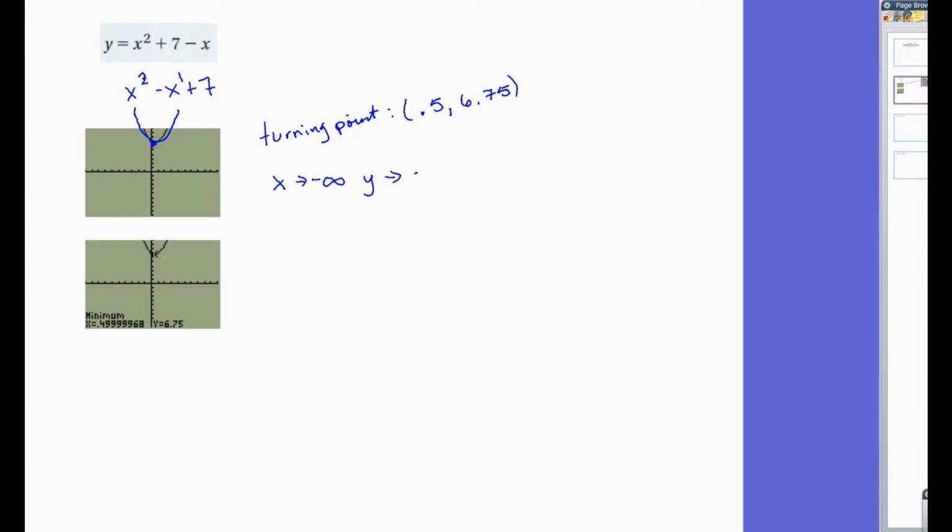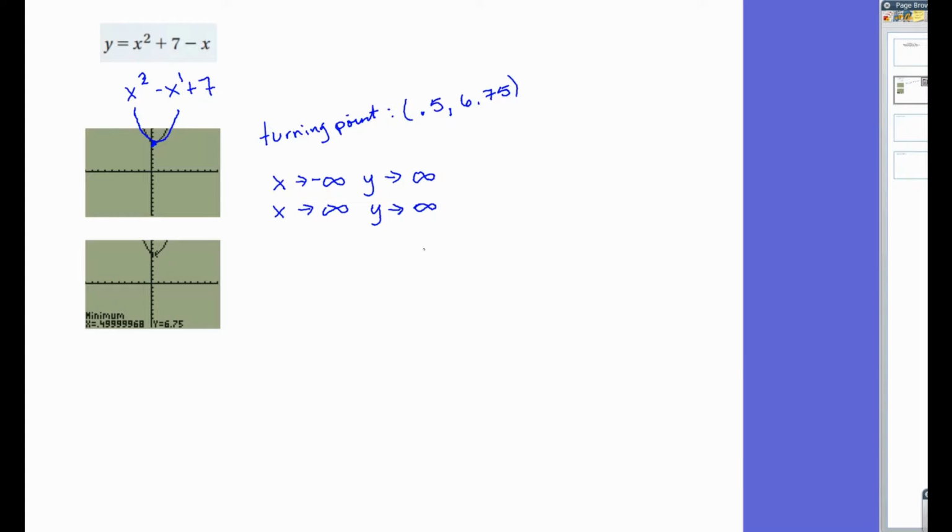Up means infinity. So that's the left side. As x approaches positive infinity, what's happening on the right side? As x is approaching this way, my y values are going up to infinity.